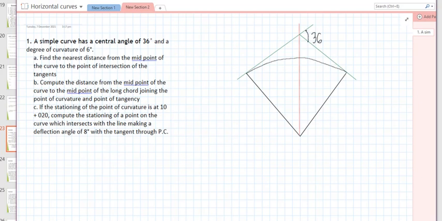Okay. And a degree of curvature of 6. So find the nearest distance from the midpoint of the curve to the point of intersection of the tangents.